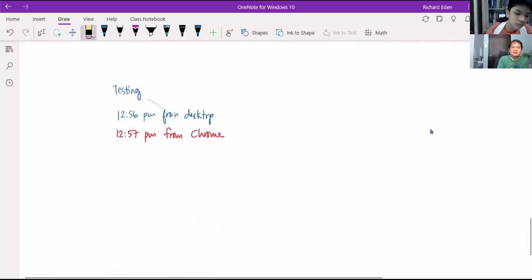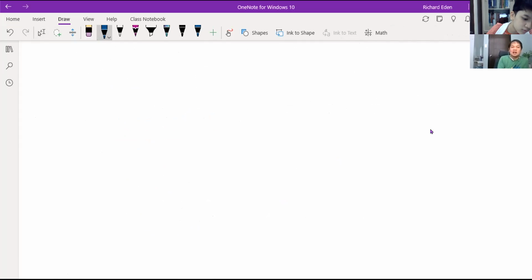Anyway, this is not something that you have to write down. Exercises versus problem solving. An example of an exercise would be find the remainder.